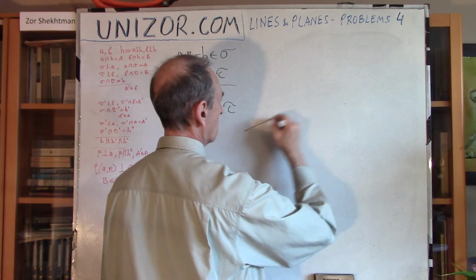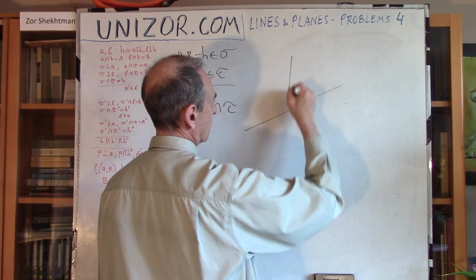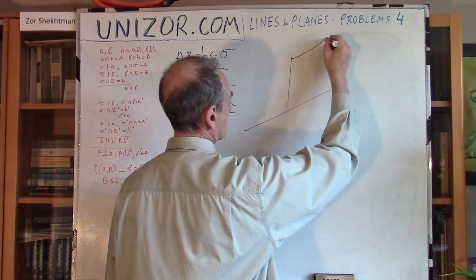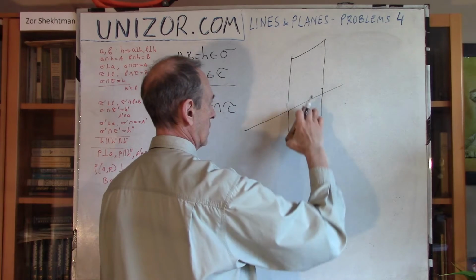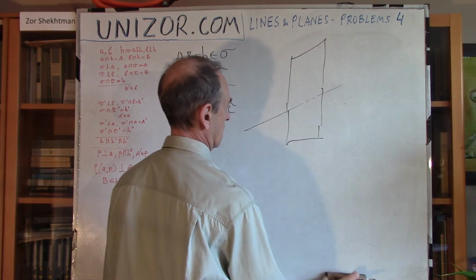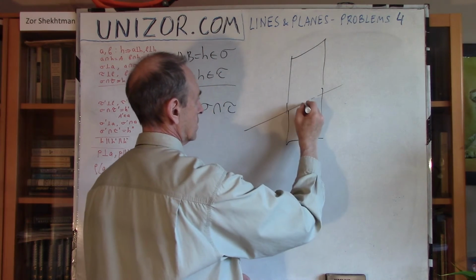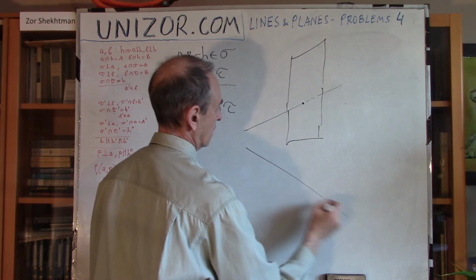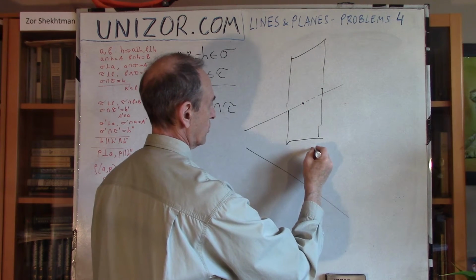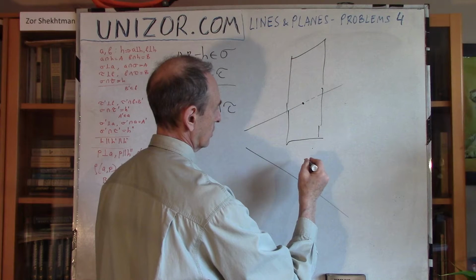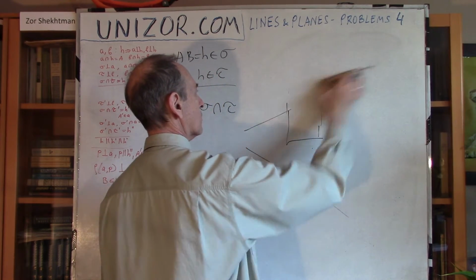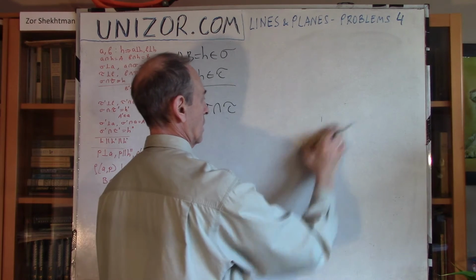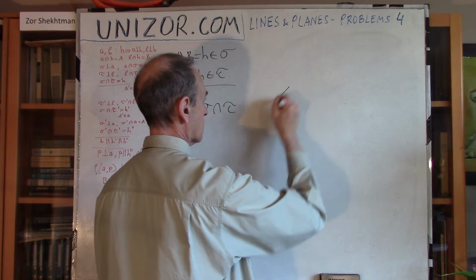So if you have one line and you have a plane which is perpendicular to this line somewhere, at this point, and then you have another line and you have another plane which is perpendicular. You know what, let me just start from the planes, that would be easier. I will draw the planes like a book.